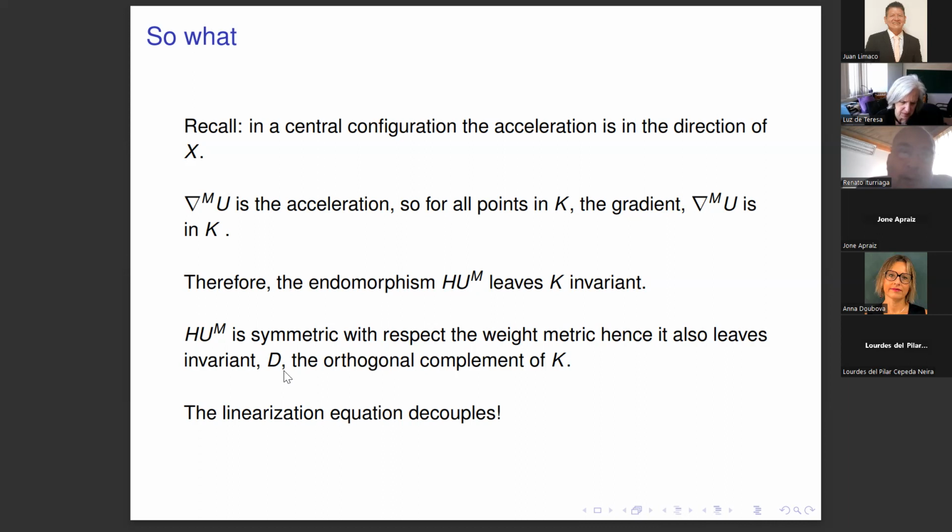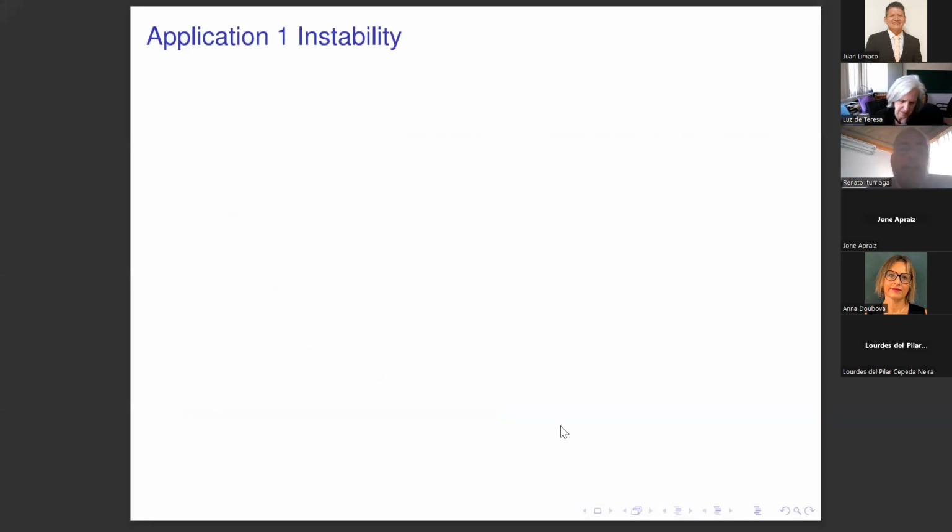But moreover, you are decoupling the space K, where there was some kind of degeneracy. The Hessian in K is kind of degenerate because it is where you have all kinds of symmetries. Okay, so the equation decouples.